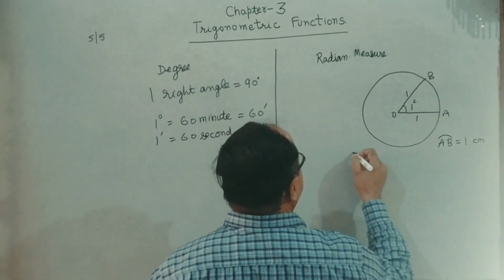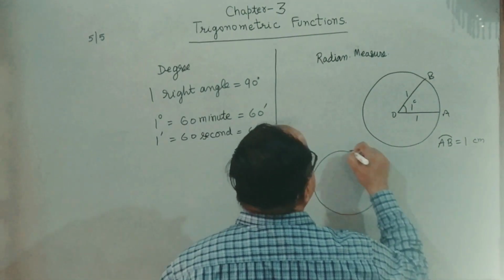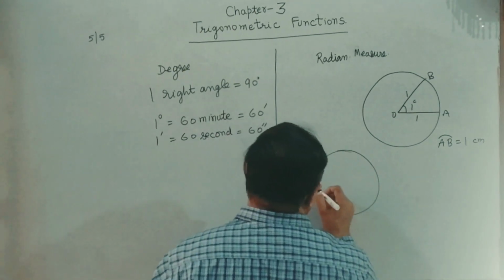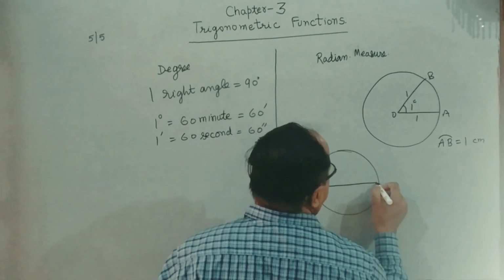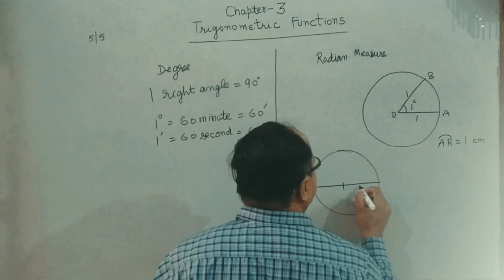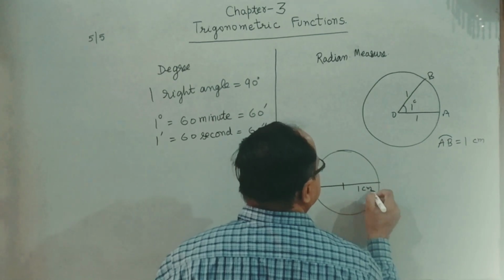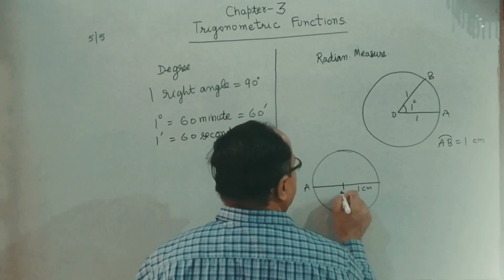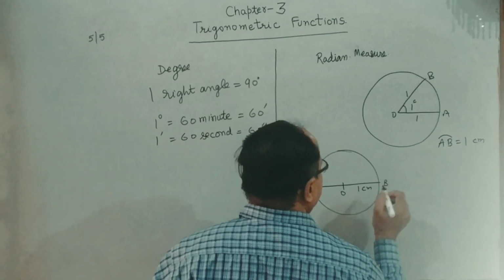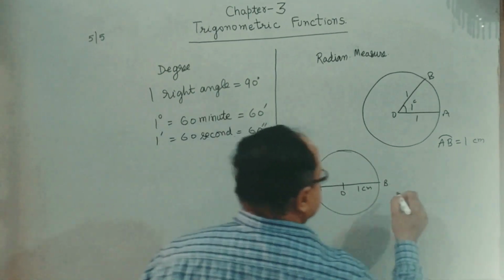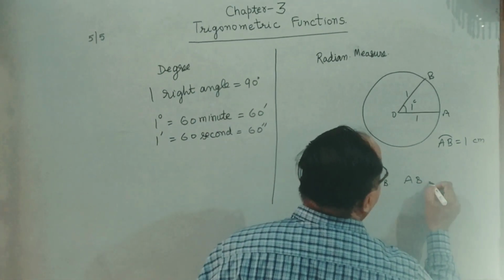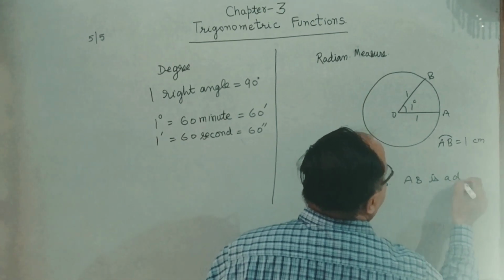Now you know that this is a unit circle. Unit circle means radius 1 centimeter. This is A, O, B. AB is a diameter.